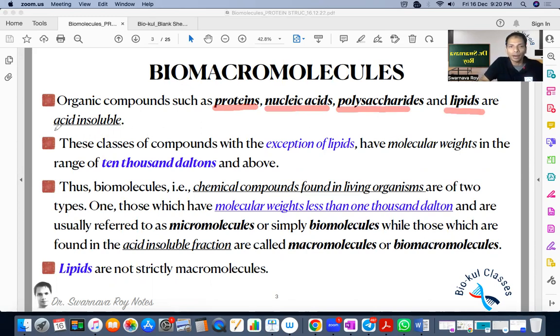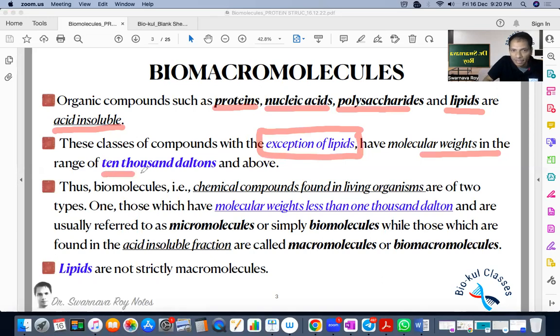These are acid insoluble, and with the exception of lipids, the others like proteins, nucleic acids, and polysaccharides have a molecular weight in the range of 10,000 daltons. That's why they're called biomacromolecules. They're huge.